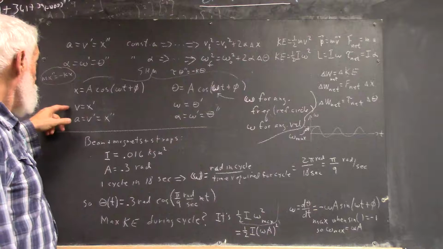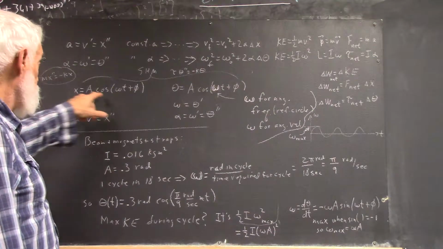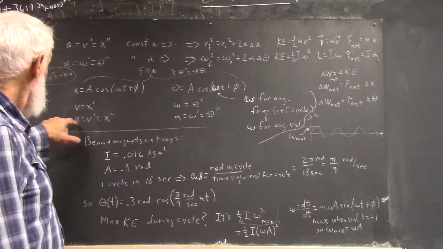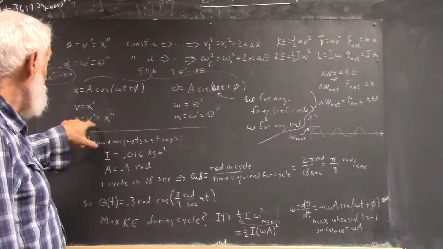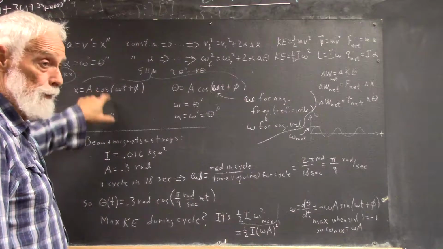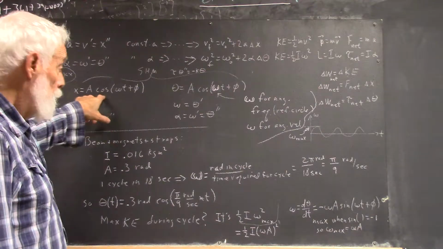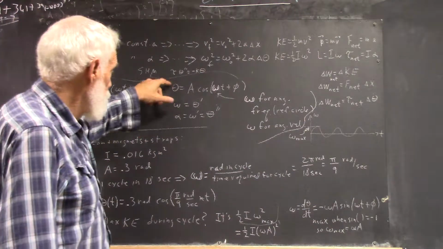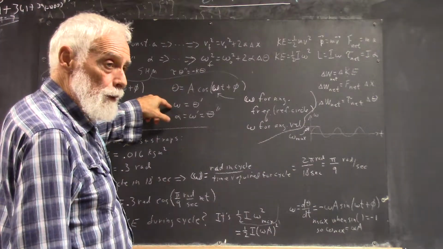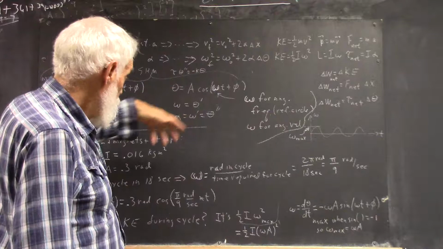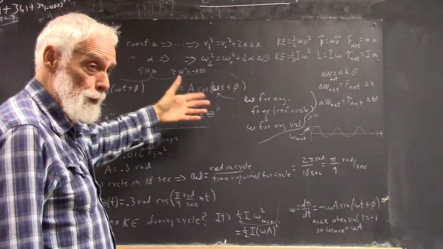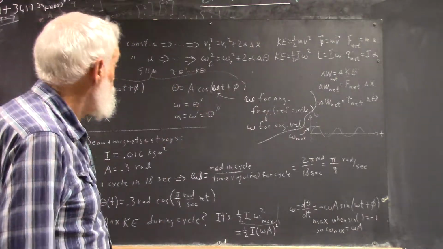And then you know that the velocity is a derivative of the position, so you can easily take a derivative. And the acceleration is a derivative of velocity, which is a second derivative of position, so you can easily calculate that if you have this. Similarly here, you can get angular velocity of the rotating system or the angular acceleration by taking successive derivatives.